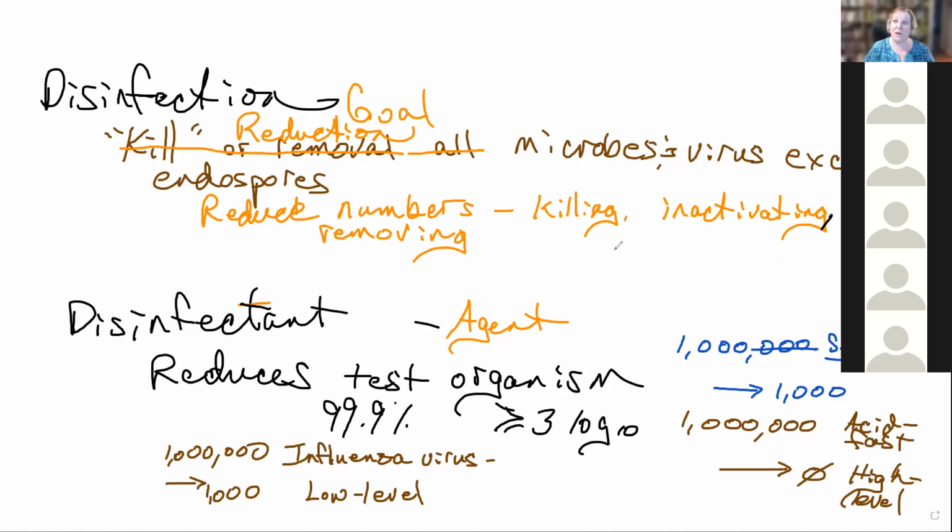Yes, it's good to go with what's in Cerego, but I'm trying to help you understand what it means in Cerego. So if I change things up to show that you understand what you learned, as well as memorizing it, you're going to understand that if I say that I've killed 3 logs of Staph aureus, that's going to be the same as reducing the numbers. Does that help?